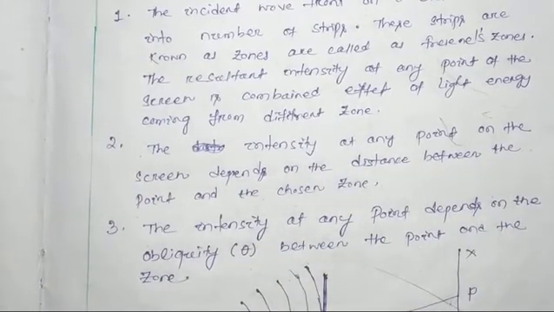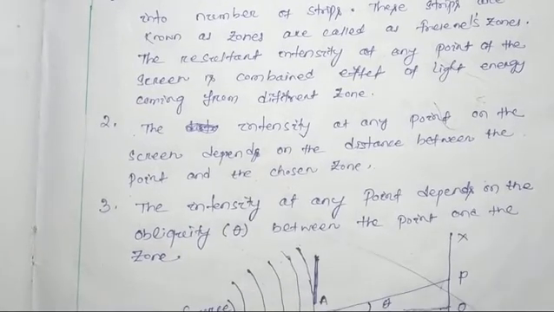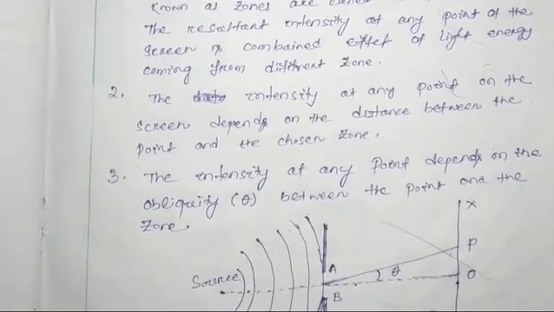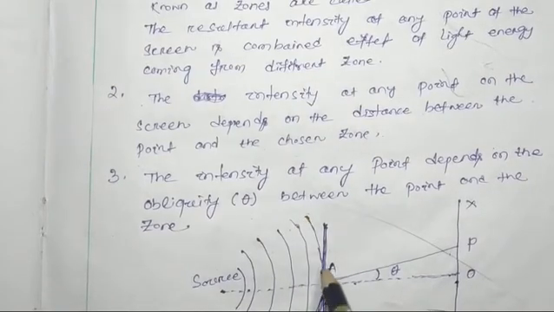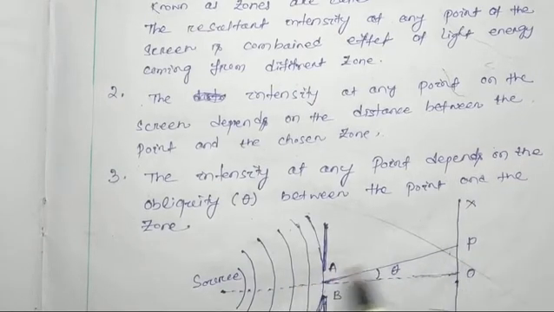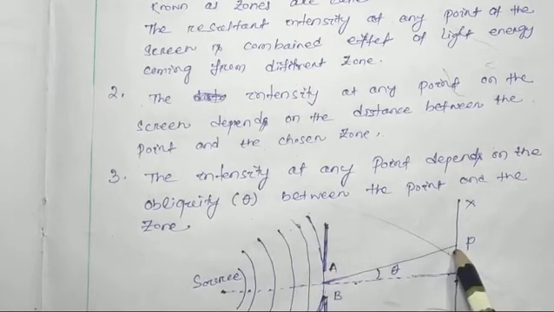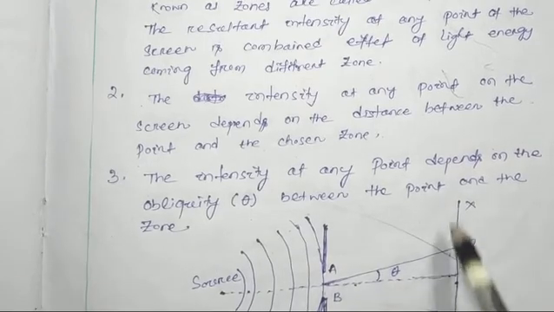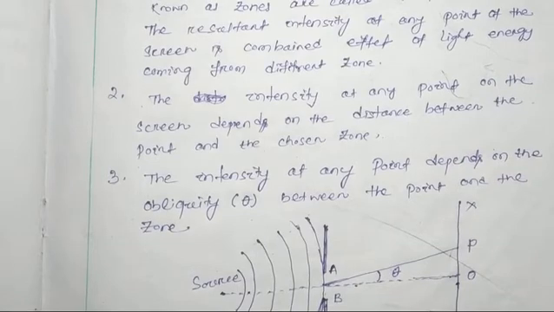So here we can see that this is the wavefront which interacted with the slit AB, and from this the light is passed and we can observe the so-called diffraction pattern on the screen.